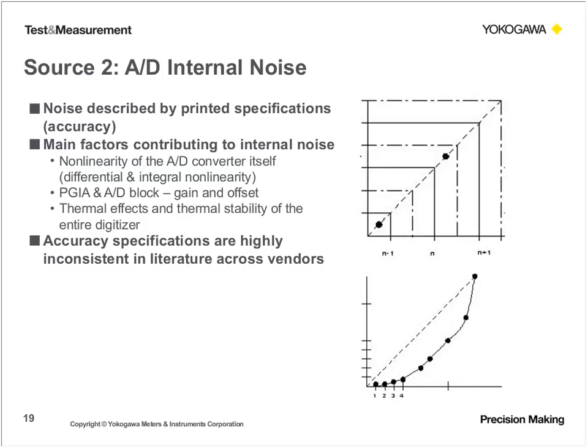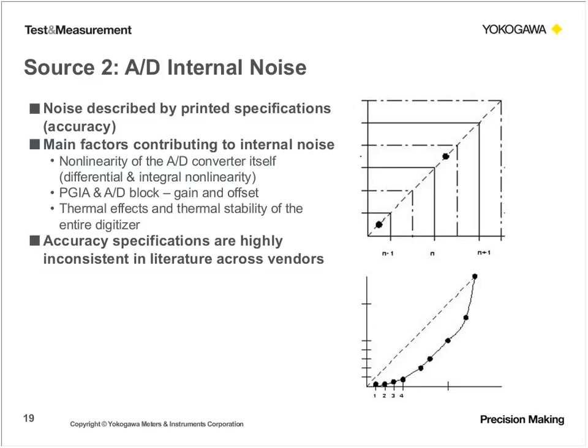Now, I know that sometimes that's not always possible. Maybe you have an environmental chamber that you need to deal with. So keep in mind these specs, the thermal and the nonlinearity, those will typically be buried within the data sheet.